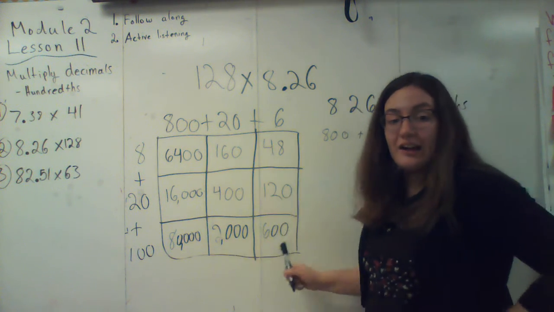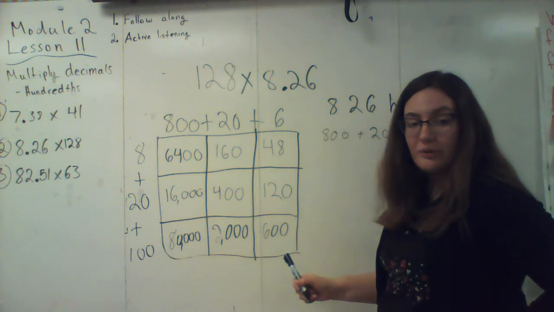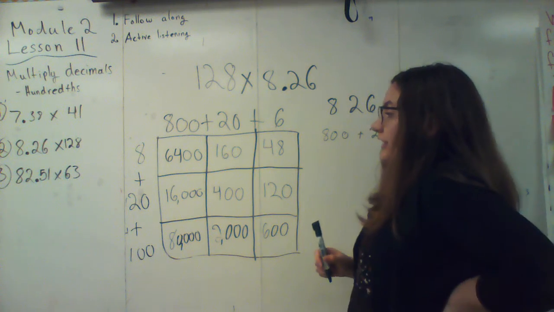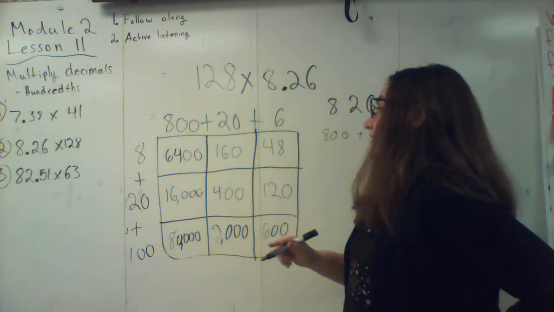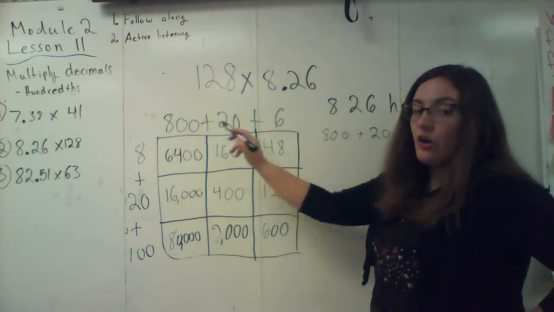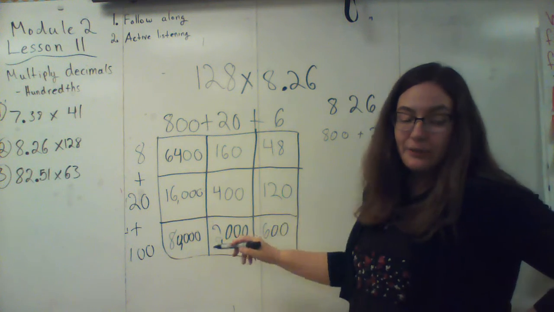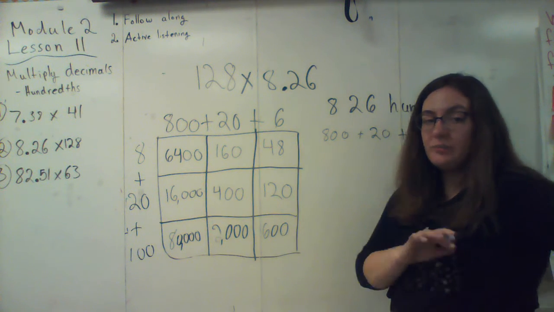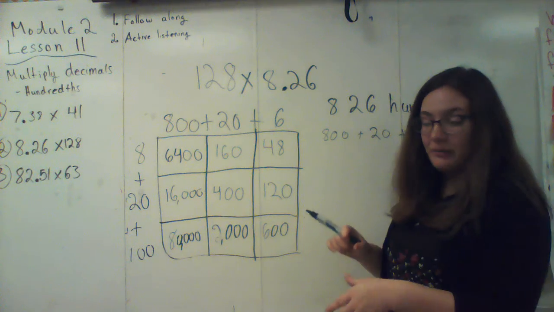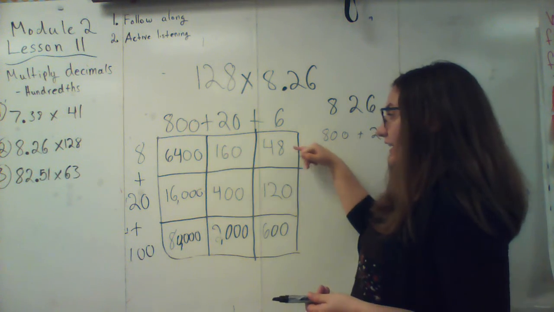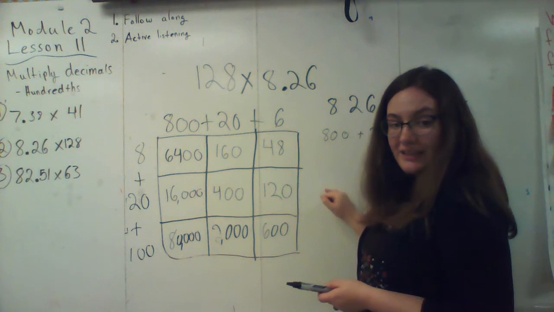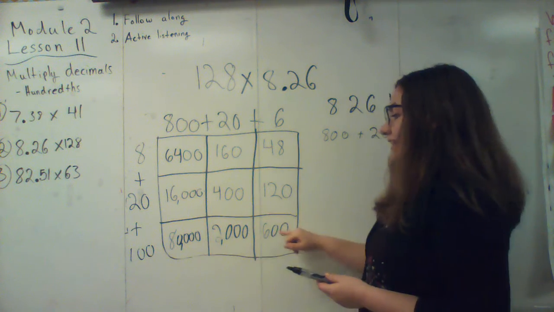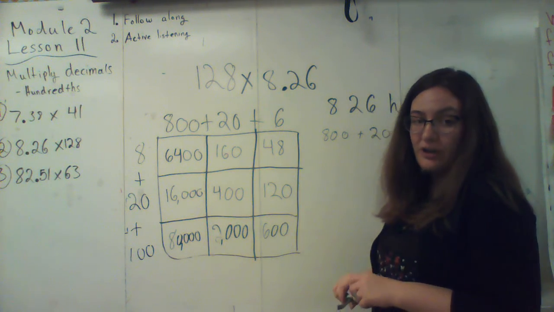Now this is a lot of work to do, so make sure that you're double checking your work as you're going through. You can use the multiplication tables on your desk to help you out as well. And remember, I don't want to add up all 9 of these numbers to find my final product. There's a lot of room for error with that. So I want to add up these 3 to get my first partial product, these 3 to get my second partial product, and then these 3 to get my last partial product.